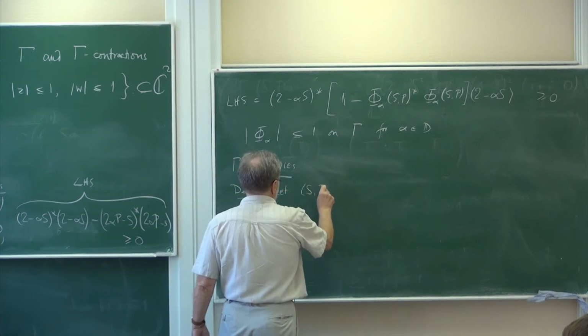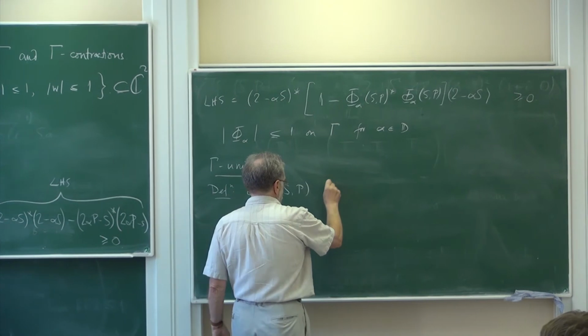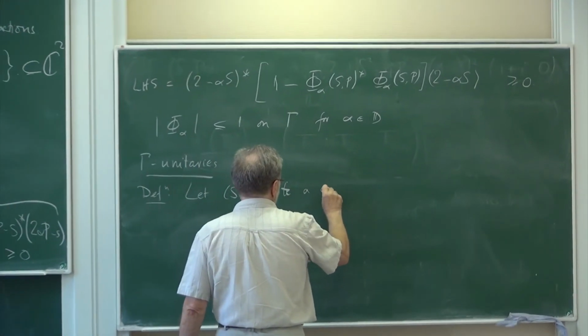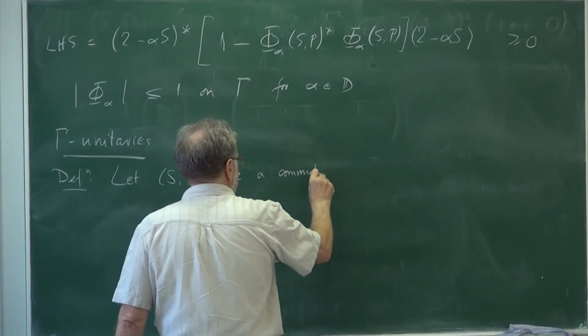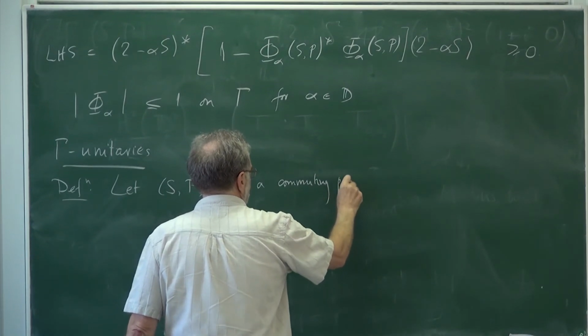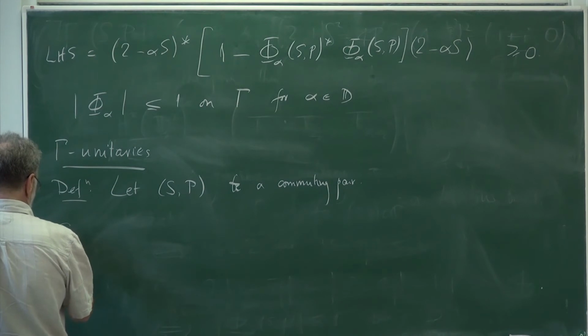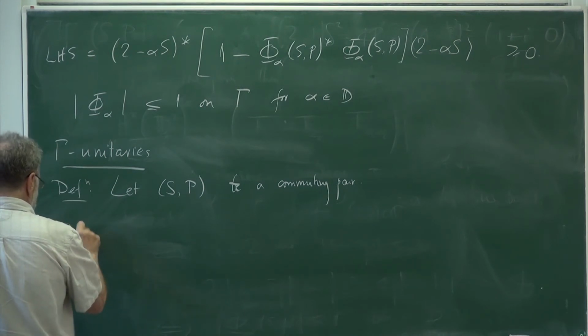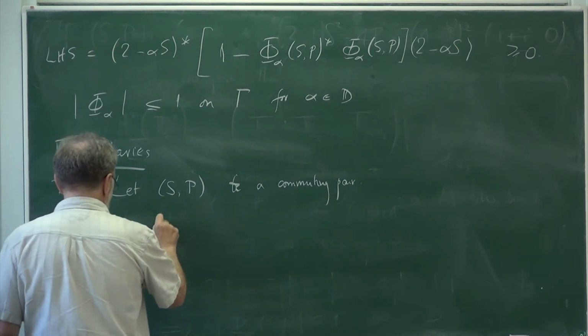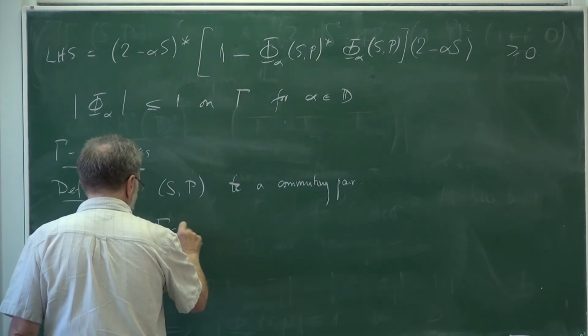Let S, P be a commuting pair of operators. Then S, P is a gamma unitary.